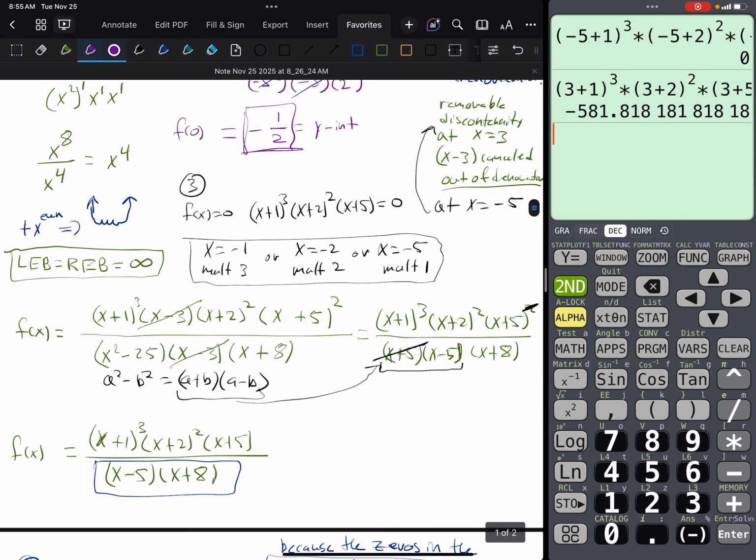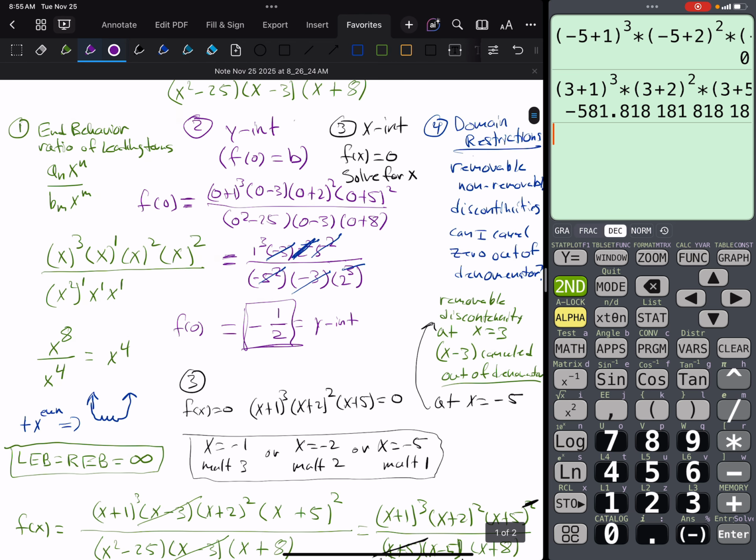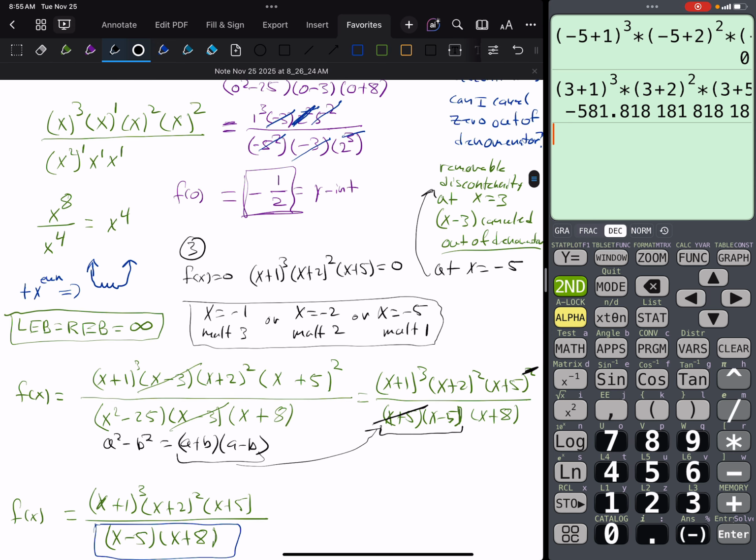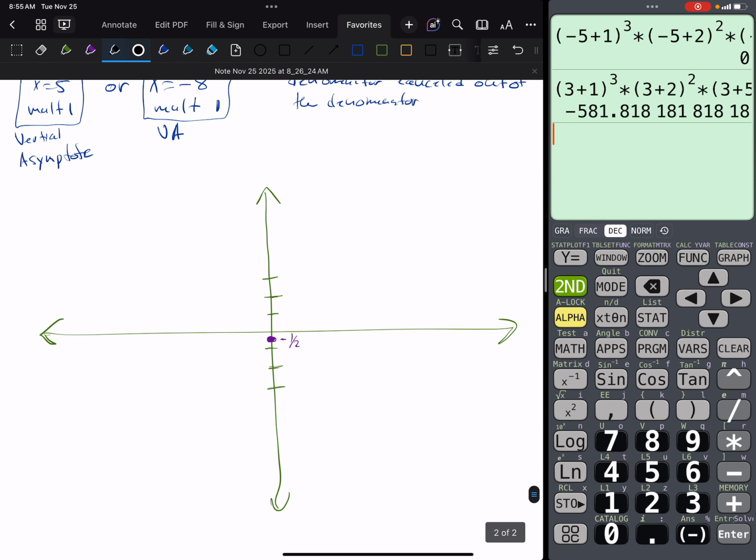My x-intercepts, because I find these things the easiest to put down on the paper, were -1, -2, and -5. Okay, so if I go back 1, 2, 3, 4, 5, 6, 7, 8, 9, 10.